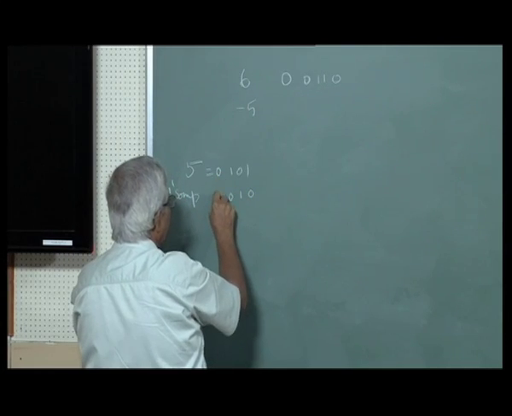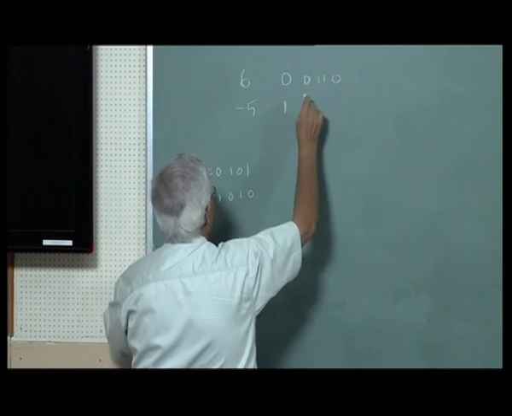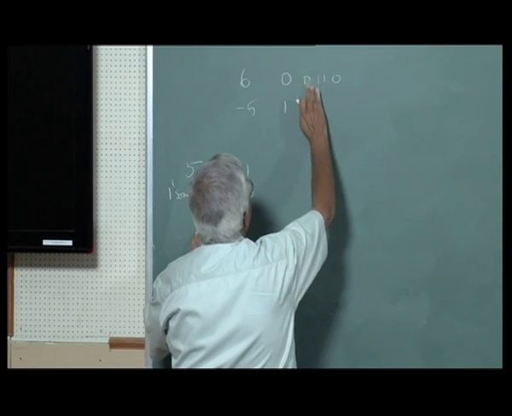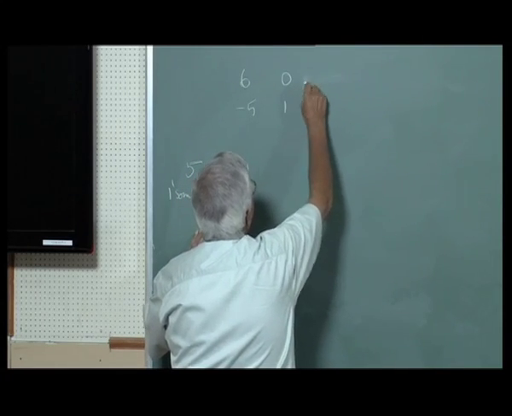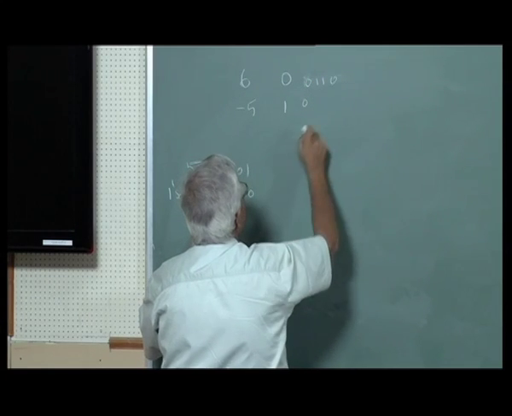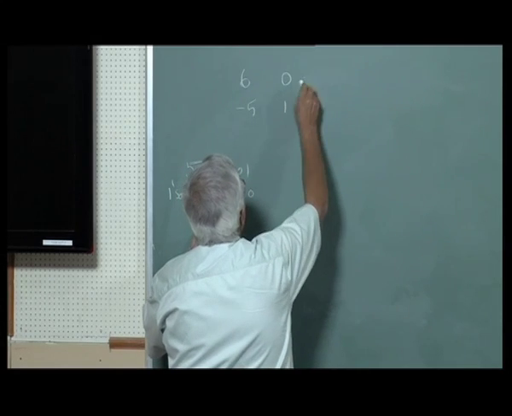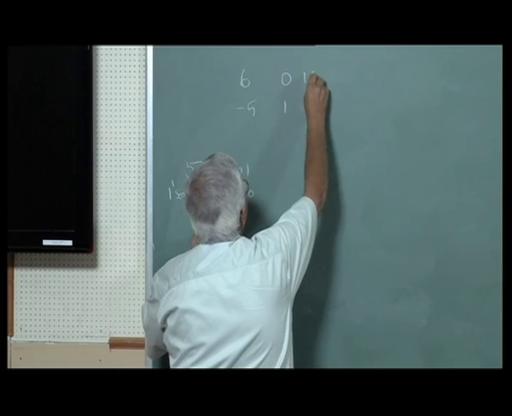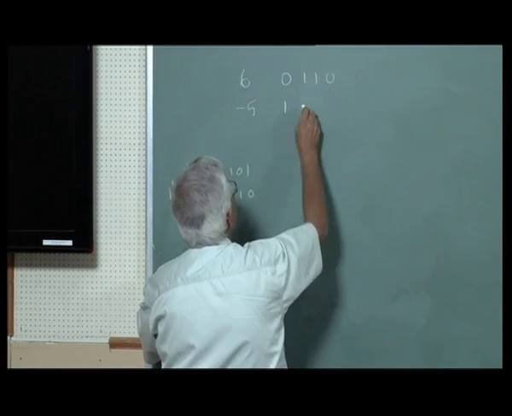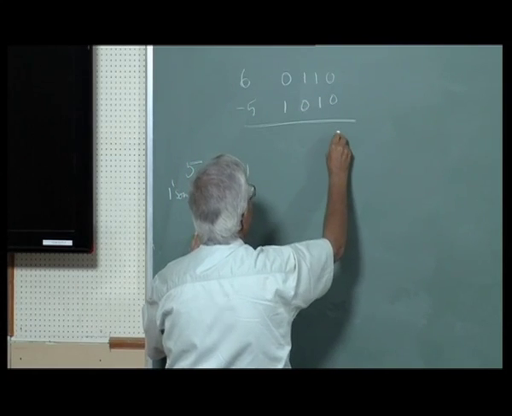This is a negative number, so I put a 1 as the sign bit. So we add 0, 1, 1, 0 and 1, 0, 1, 0. This is one's complement addition.